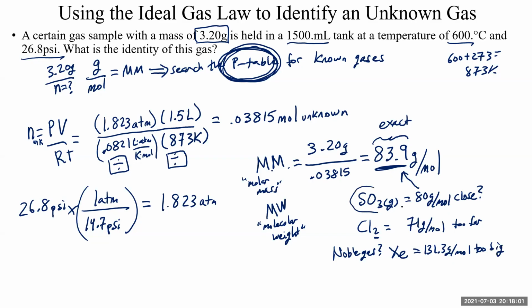Right now, our best contender is sulfur trioxide. Let's look at one more noble gas. How about krypton? Superman's home planet, Krypton. Let's see what that is. 83.8 grams per mole. I think we have a winner.